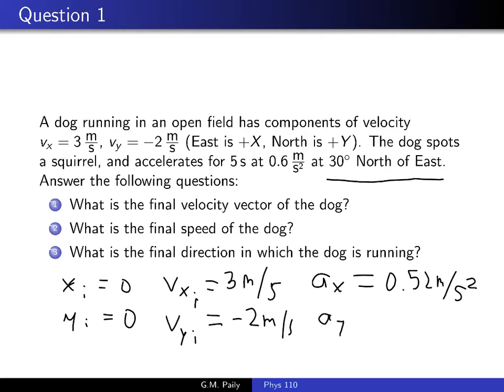And similarly, ay will be given by 0.6 meters per second squared times sine of 30, which gives us 0.3 meters per second squared. And the last thing that we note is that the time is equal to 5 seconds.